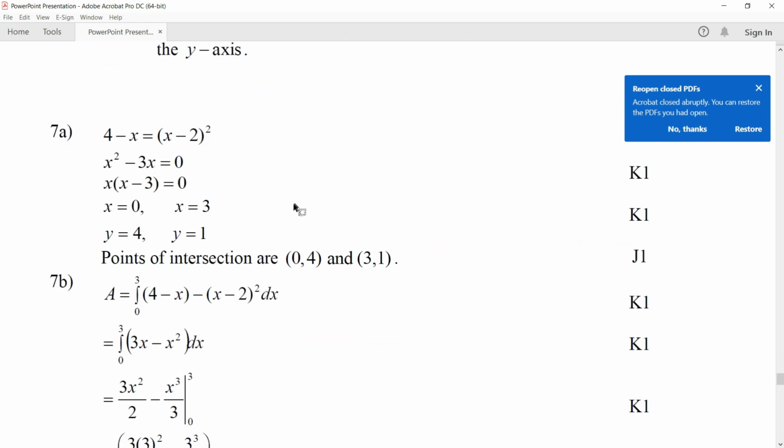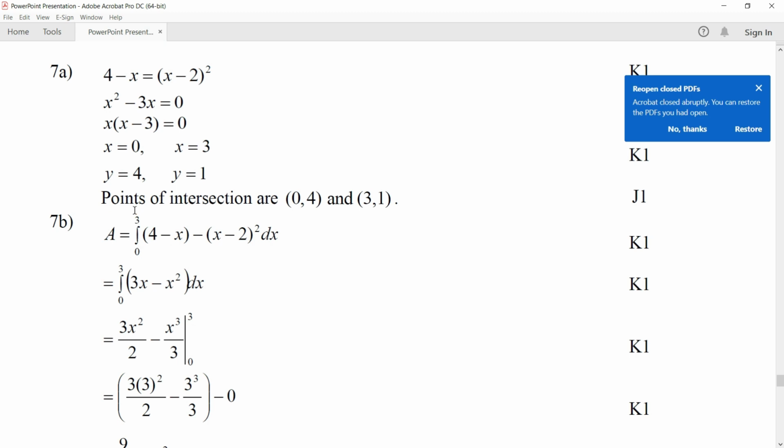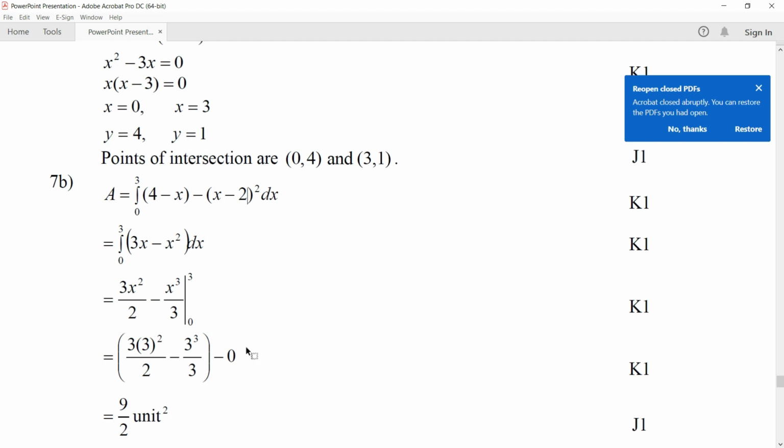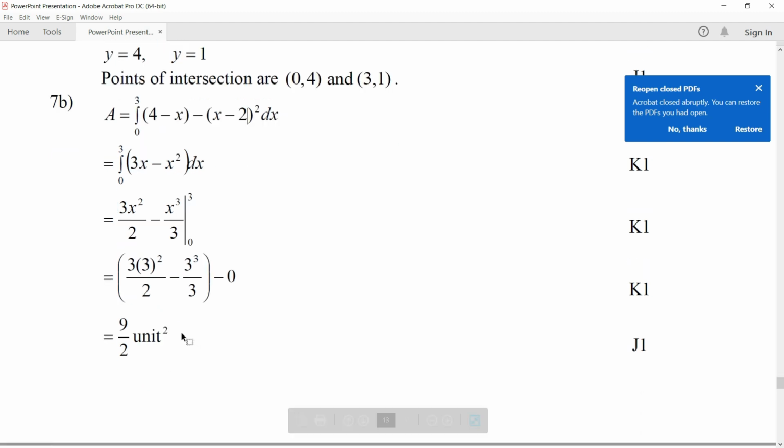So you come up with this statement, integrate from 0 until 3, straight line minus the quadratic curve, that is 1 mark. You simplify this integrand, 1 mark. You integrate every term, 1 mark. You substitute the limits from 0 until 3, 1 mark. And finally the answer is 9 over 2 unit square, that is 1 mark.